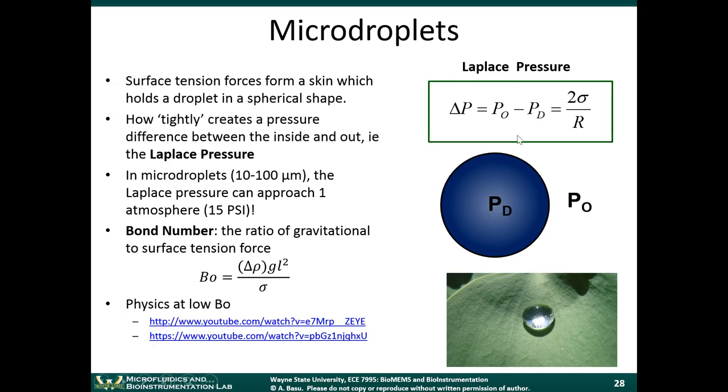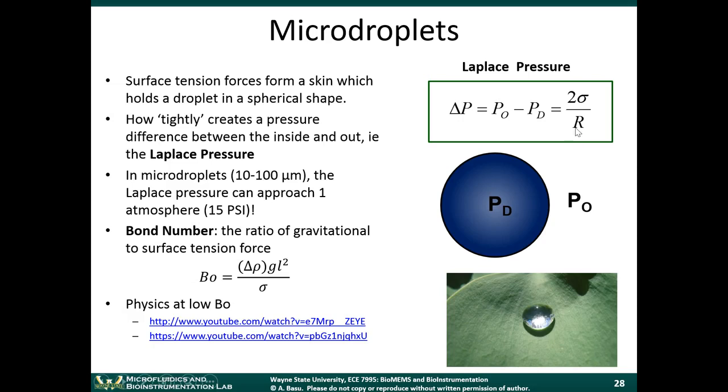This is described by the Laplace pressure, the pressure difference on the inside versus the outside. Delta P is equal to P outside, pressure out here, minus the pressure inside. It's given by 2 sigma divided by r. Sigma is the interfacial tension, or surface tension, and r is the radius of the drop. So this is interesting.